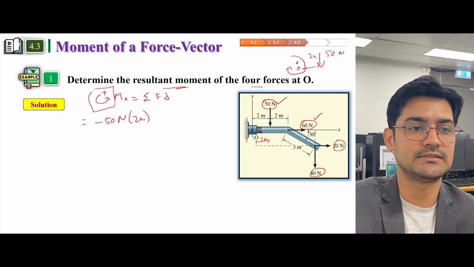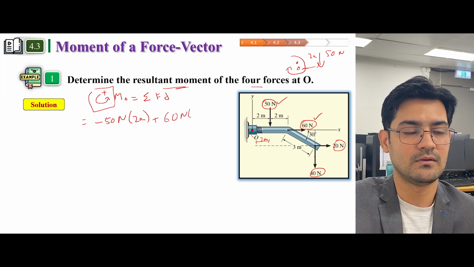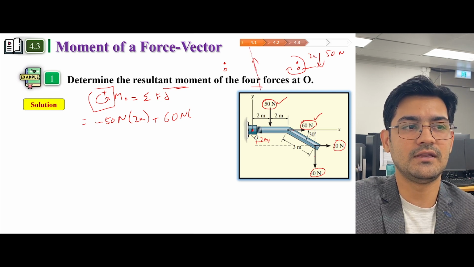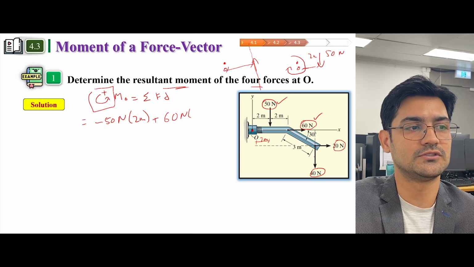So now we have considered this force. Now let's consider this force. Now this force is 60 Newton, and what is the distance d? We know that if this is point O and this is the force acting, first we draw the line of action of the force, and then we calculate the distance between the axis and the line of action of the force.